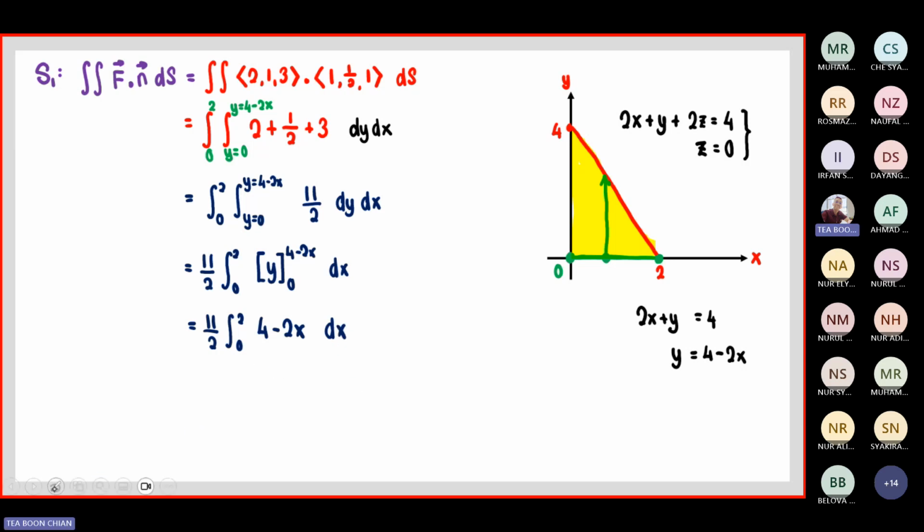Again, this is also a very simple integration, which gives you 11 over 2, the constant multiplier. Next, integrate 4, you get 4x, minus integrate 2x, you get 2x squared over 2. This is evaluated from 2 to 0.